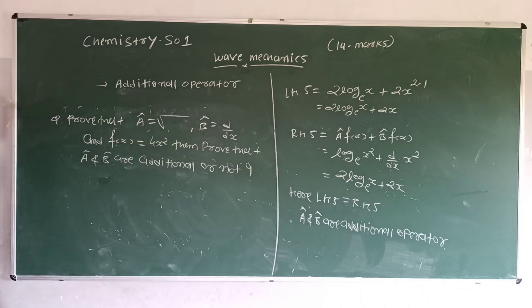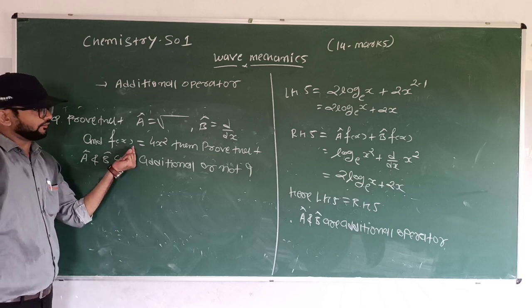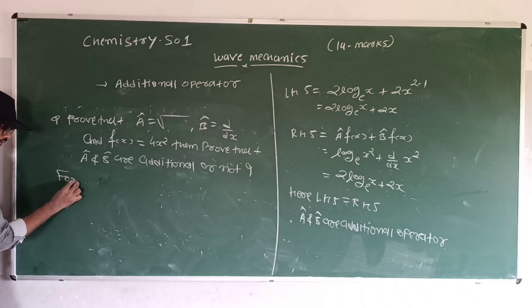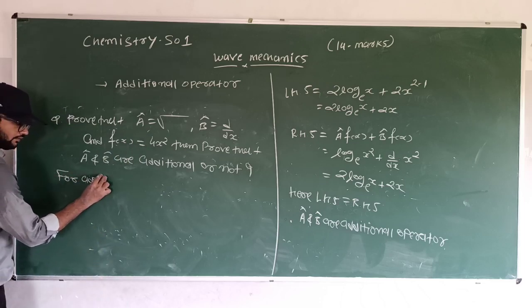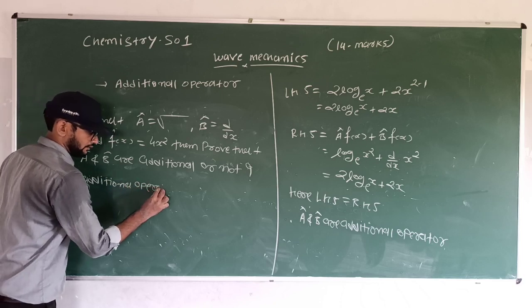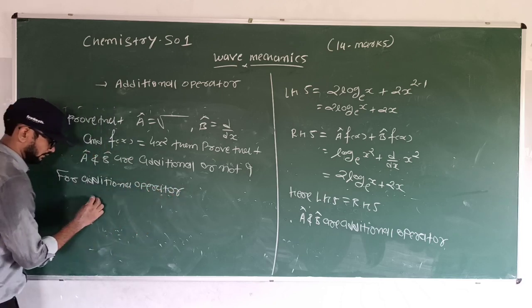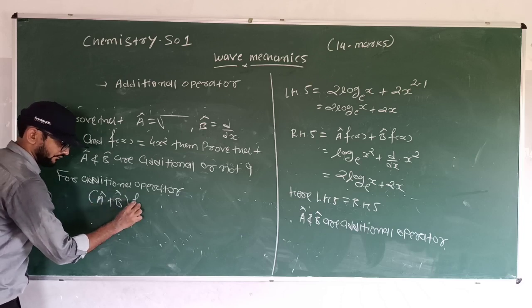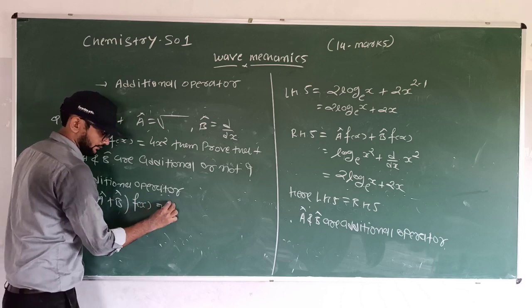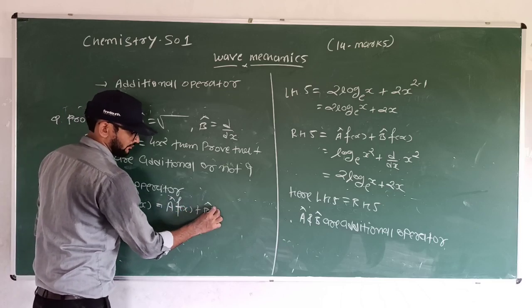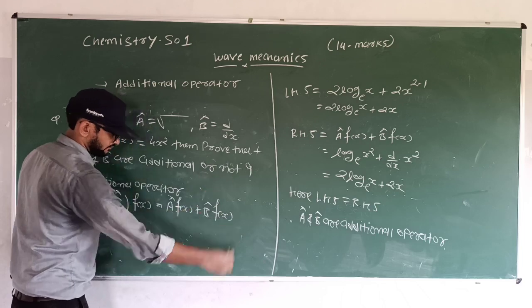So first, in this sum, we write the mathematical expression of an additional operator. For an additional operator, (A cap plus B cap) f(x) is equal to A cap f(x) plus B cap f(x).